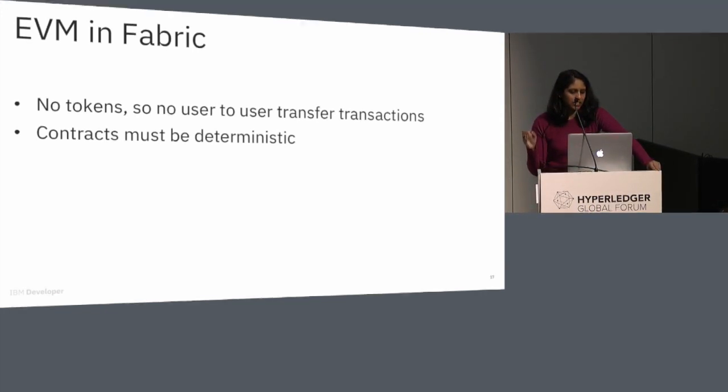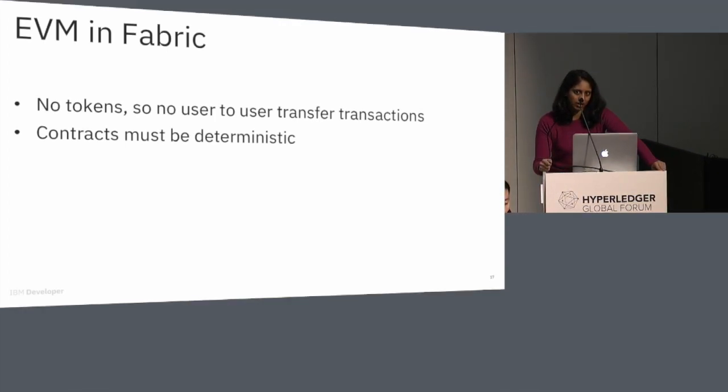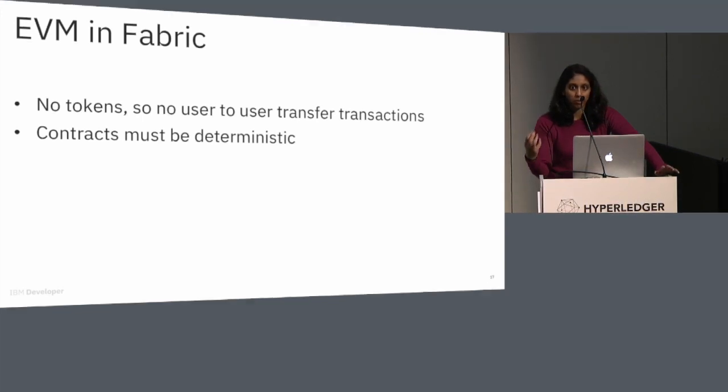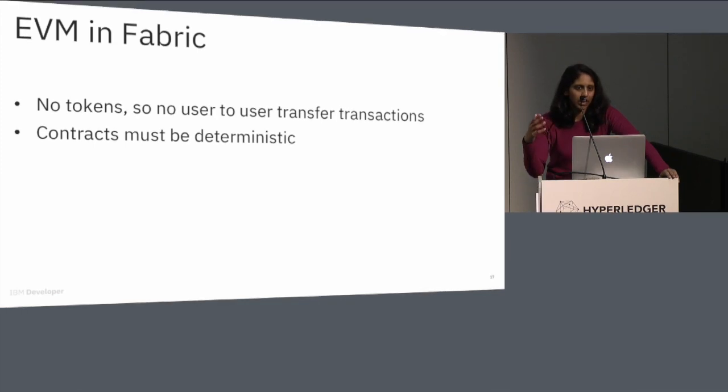The next thing is contracts must be deterministic. You can't have something with an element of randomness, because of the way the endorsement policy and consensus are reached in Fabric. So if you have Solidity contracts with a random number generator, most likely it's not going to work. If it works, there's something wrong with your random number generator.